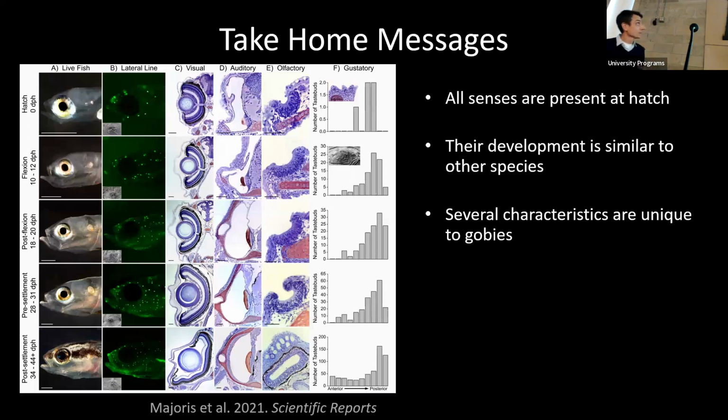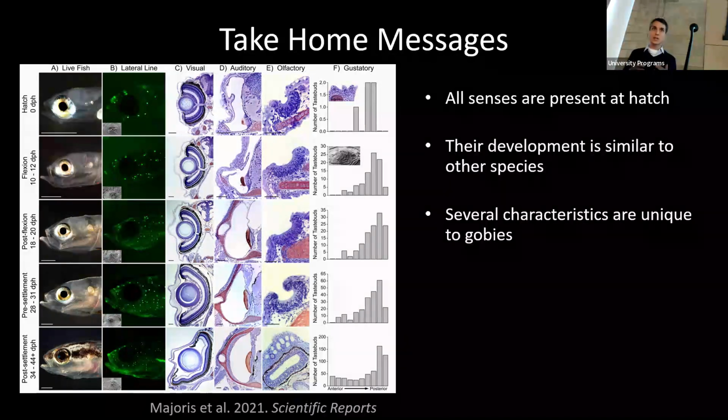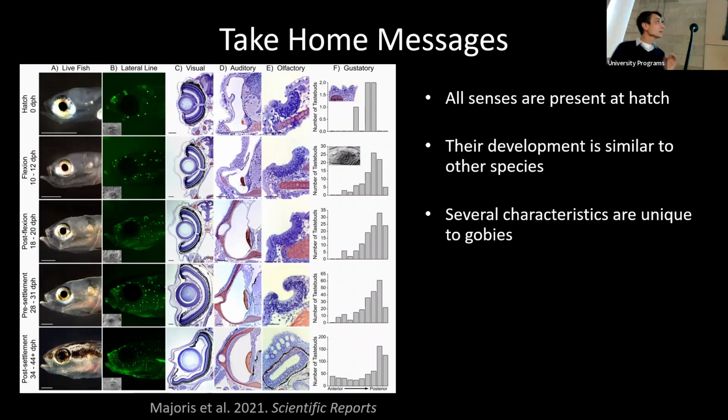Okay, so to summarize this section, all of the major sensory systems are present at hatch. And while the anatomy and pace of development is similar to other fish species, Elori have a couple of characteristics that are unique to gobies.